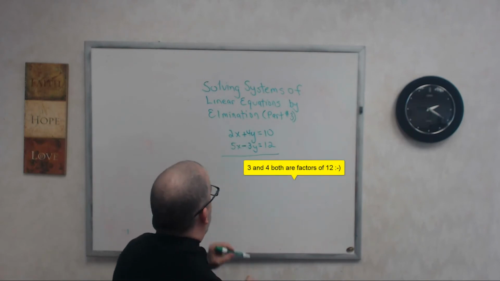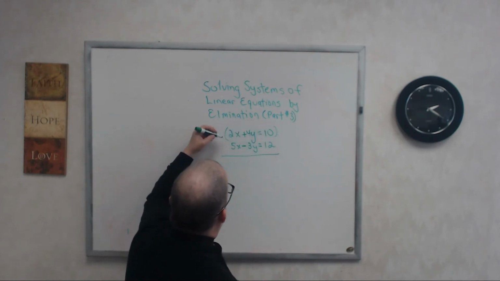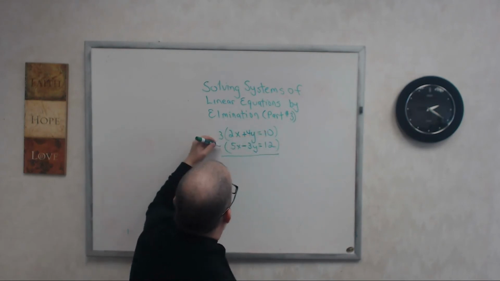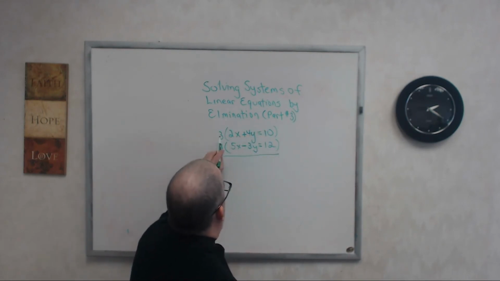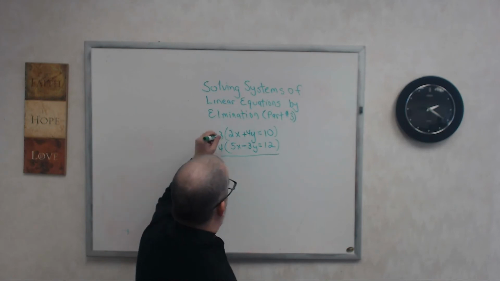So we're going to multiply the top equation by 3 and the bottom equation by 4. That way we get a positive 12 and a negative 12, and the y's will cancel out, which is what we want, because it's called elimination.